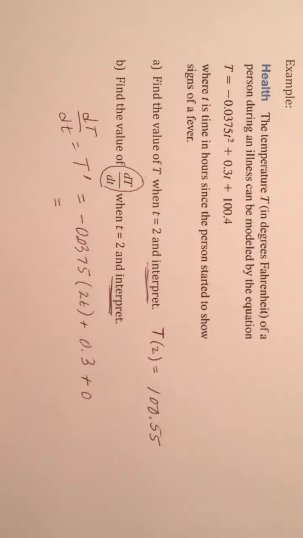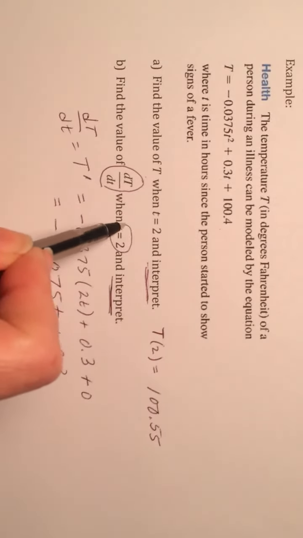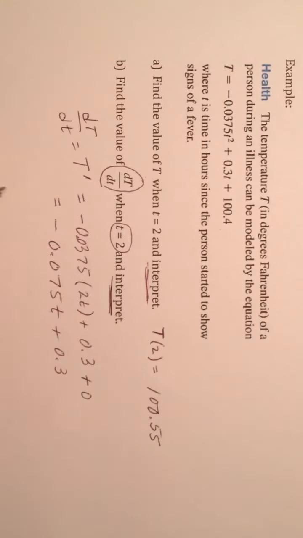All right, so if we simplify that really quickly, we should have negative 0.075t plus 0.3. And what we want to do now is let little t equal 2. We're going to put a 2 right there. So we're going to find T prime of 2: negative 0.075 times 2 plus 0.3.